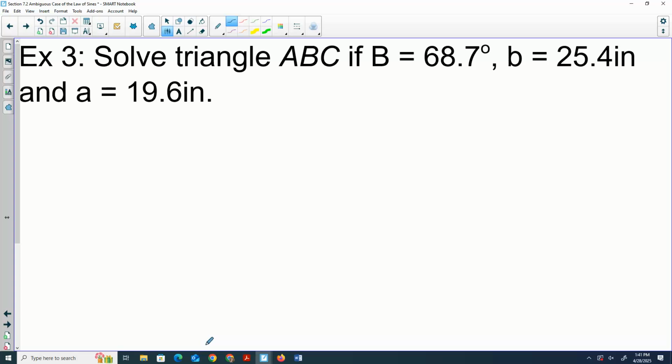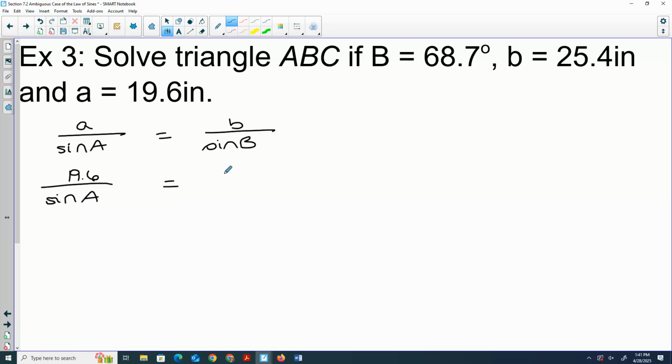So I gave you angle B, side B, and side A. So we're going to have to do A over sine A equals B over sine B. So A is 19.6. So the sine of angle A. Side B 25.4.